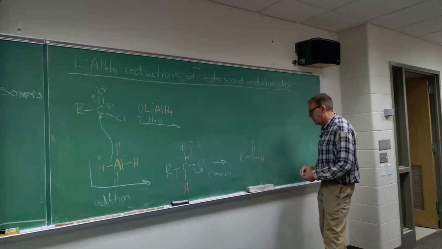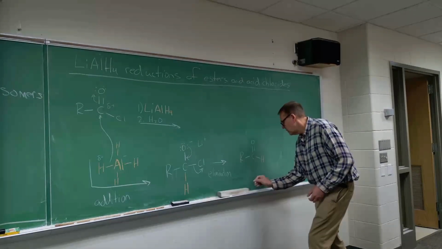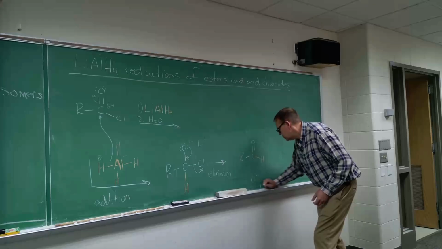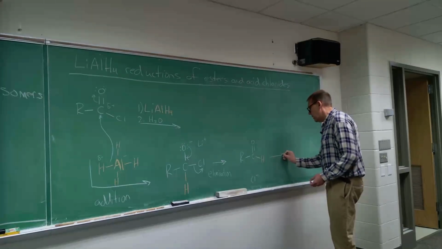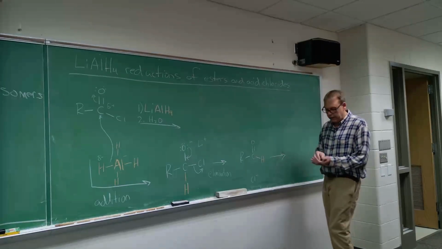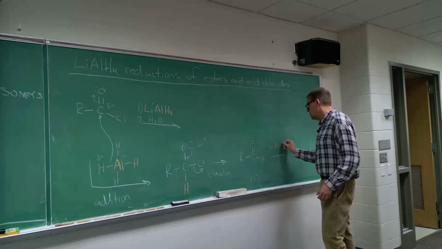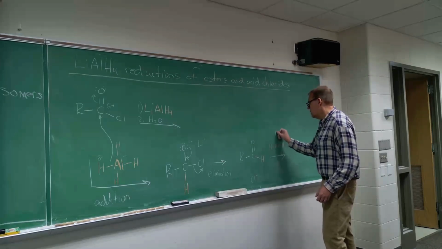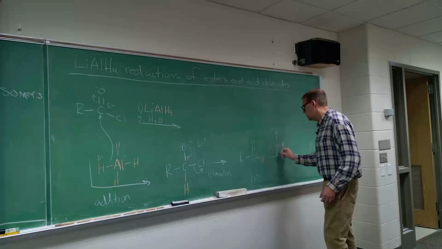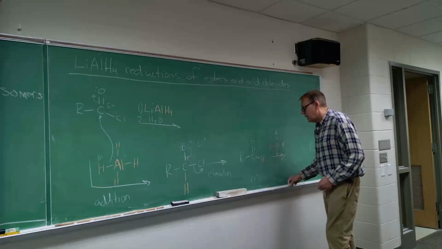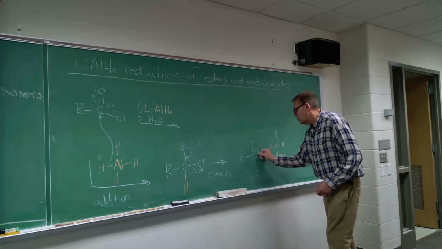Now we have, look at that, we have an aldehyde. And the thing is we know what aldehydes do with lithium aluminum hydride. They react again. So this is how you get the two equivalents. The intermediate species here is an aldehyde, which is a reactive carbonyl.